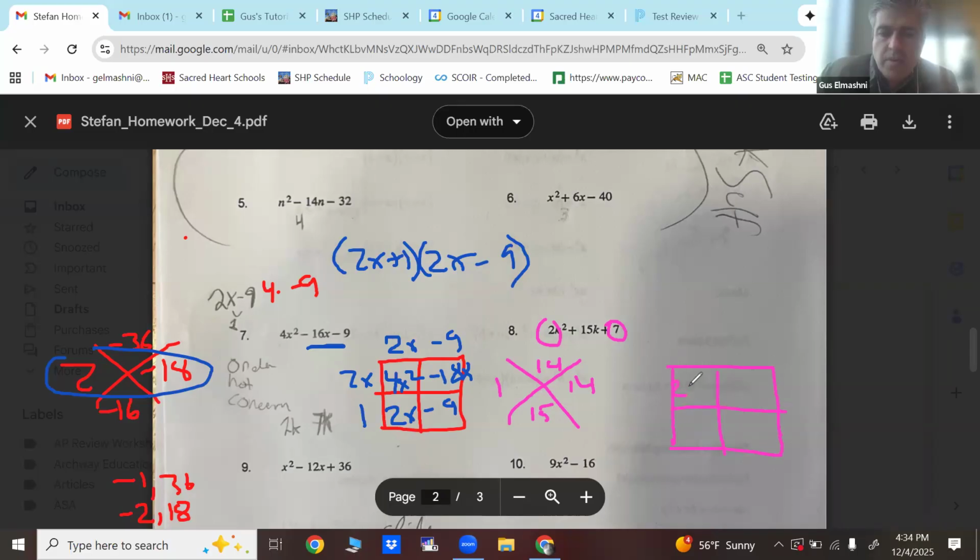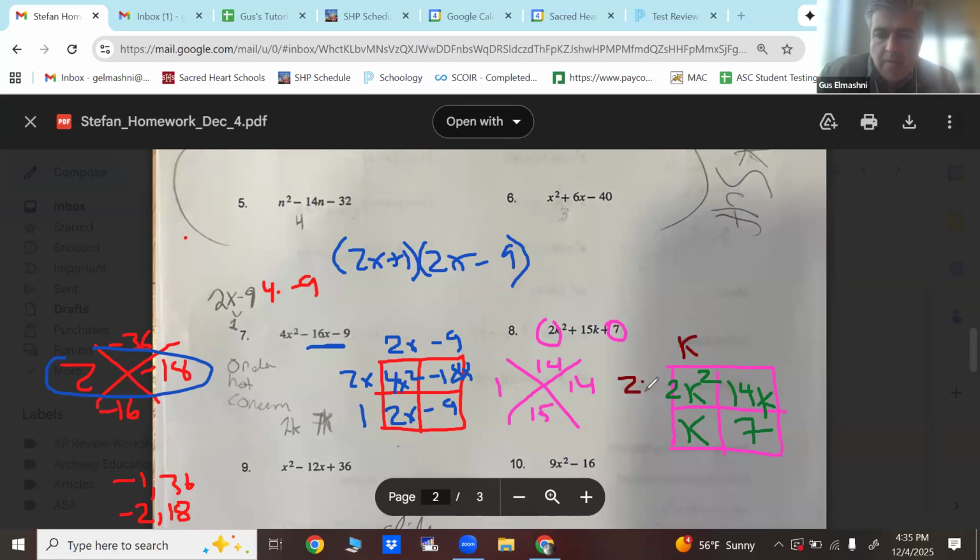Okay, so if I think about it, K is common between these two, so I'll put a K up top.